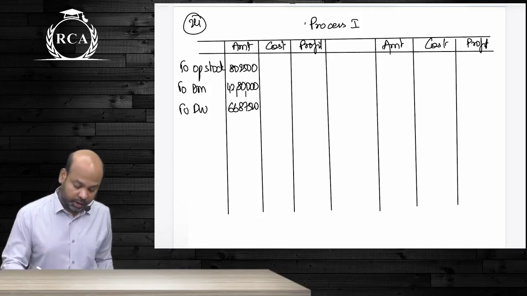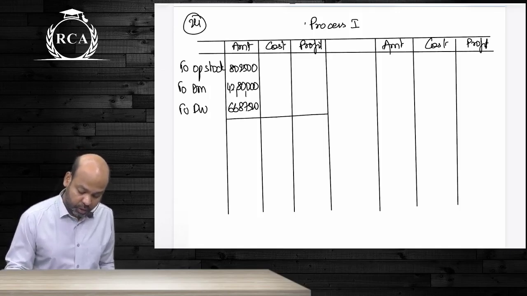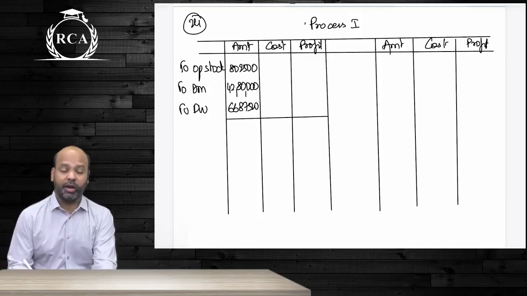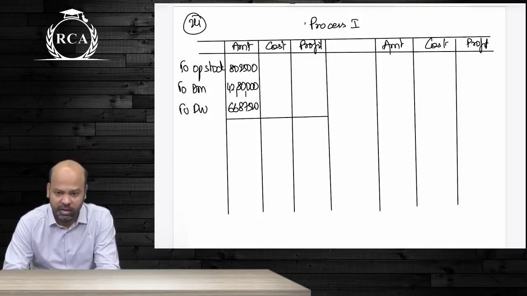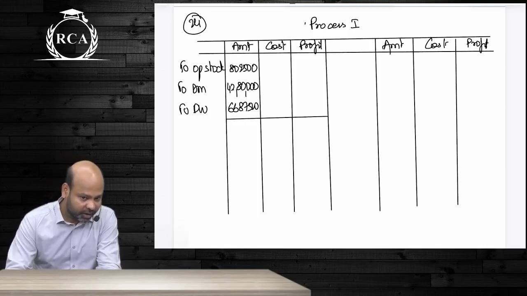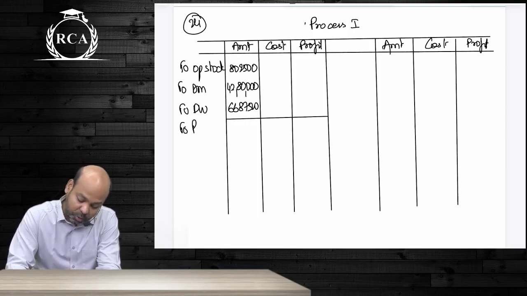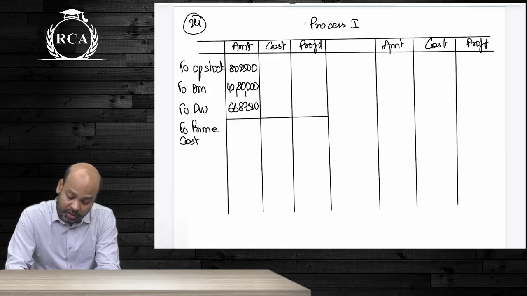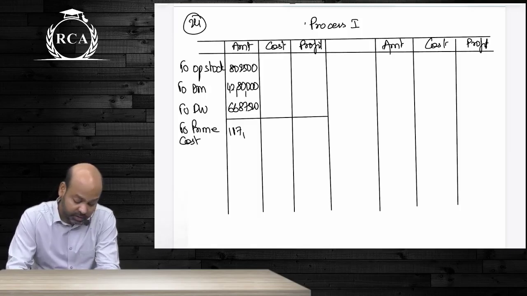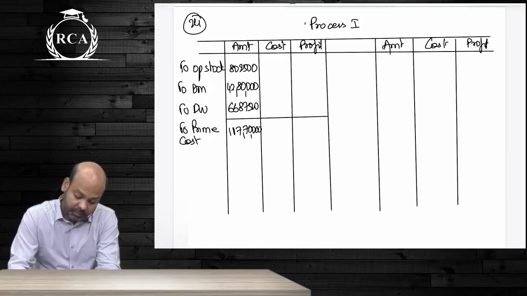Why are we totaling till this point, beta? Closing stock is valued at prime cost. That's the reason why, though it is not required in the first process, guys, we will be needing it from the second process. Are we clear about this? How much is the prime cost, beta? 1 crore 17 lakhs 70,000.